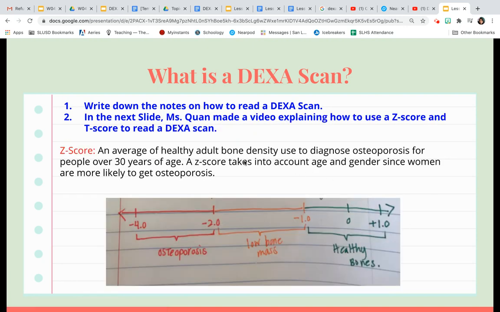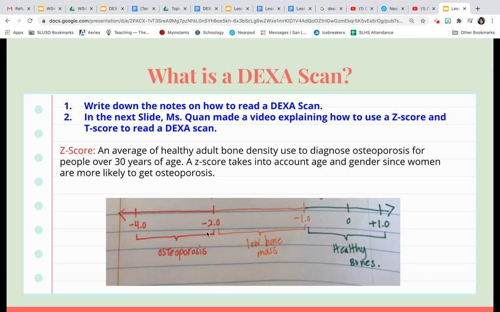Okay, so the other score you'll see in a DEXA scan is for people over the age of 30. So this is usually women who are going through menopause or individuals who are at risk for osteoporosis just due to old age. So their score is pretty much the same, slightly different, right? So someone who has osteoporosis and is over 30, we would use their Z-score, and their reading would be -2 to -4, right?